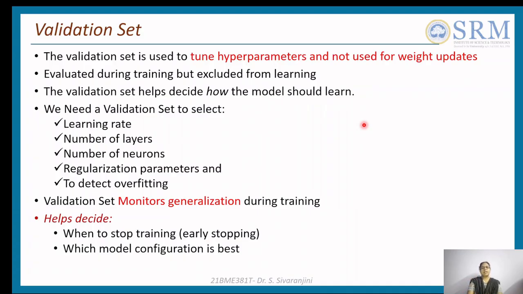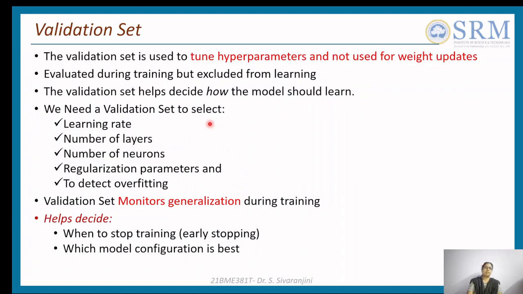So we need a validation set to select the learning rate, number of layers, number of neurons, regularization parameters, and to detect overfitting.